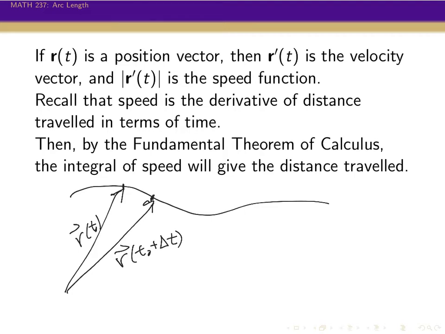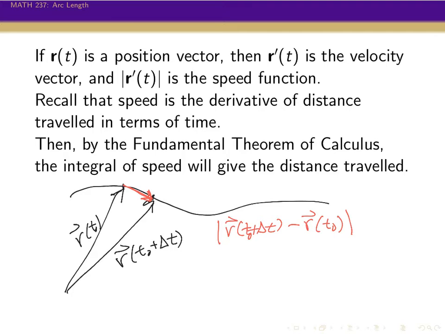If you take the difference between these two vectors, the length of that difference is going to be very close to the arc length between those two points. Between those two points it's almost a line, so a straight line between them is very close. So r of t naught plus delta t minus r of t naught is roughly the length between them.